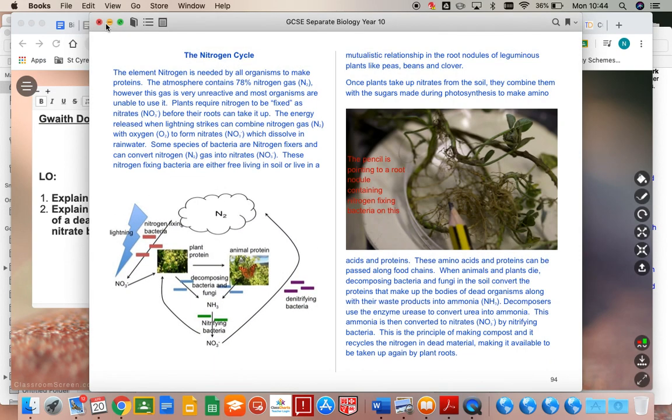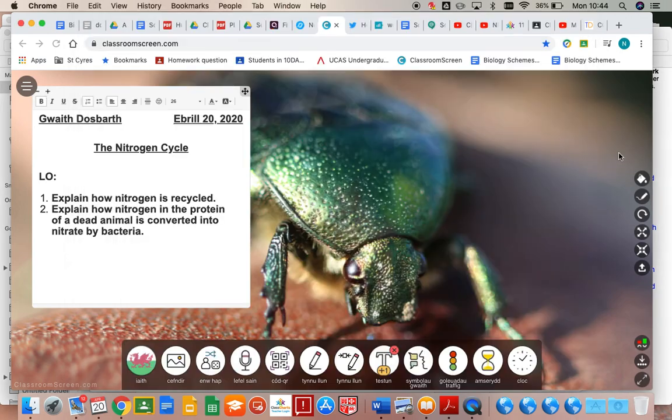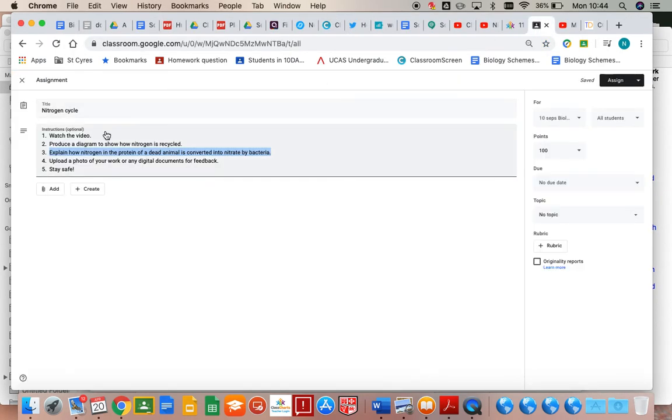What I want you to do on Google Classroom is first produce a diagram like that, and then explain specifically how the nitrogen in the protein is going into nitrates. Remember, that's a two-stage process: the decomposers making ammonia, and then the nitrifying bacteria producing the nitrate.